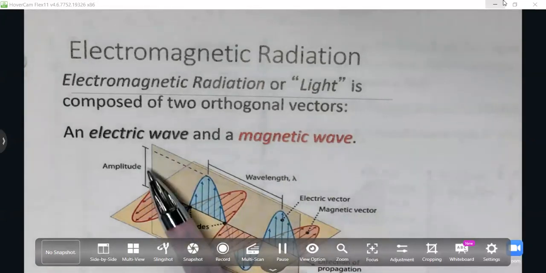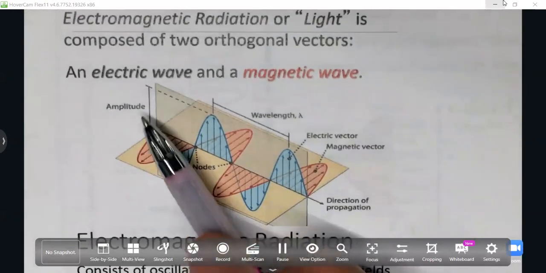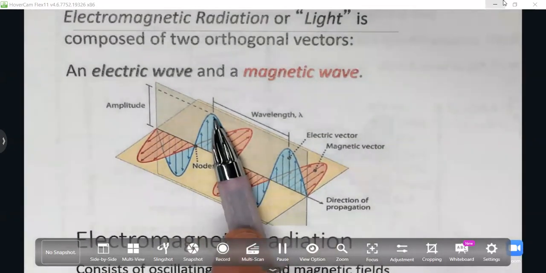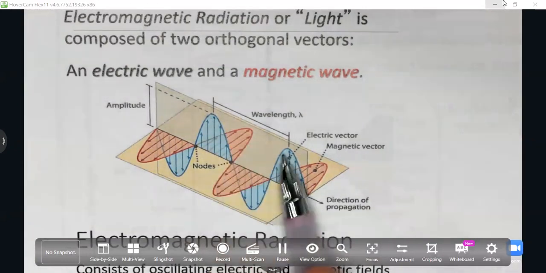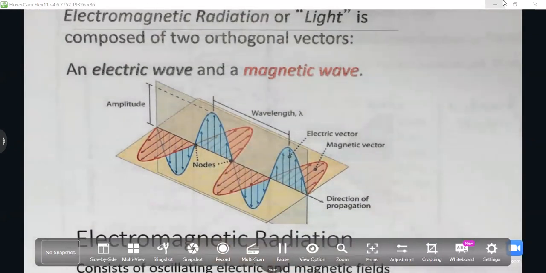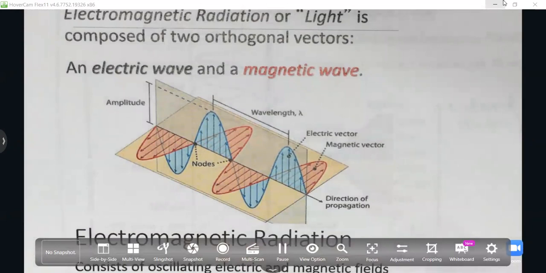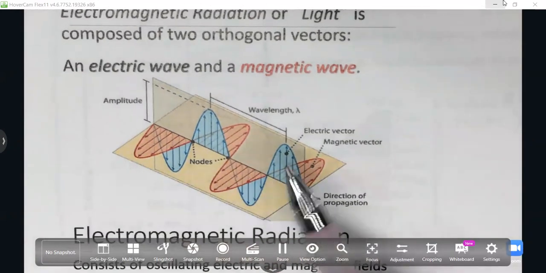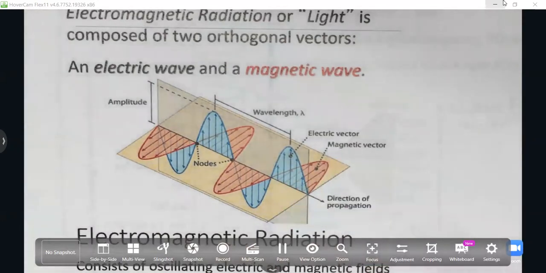Here is the amplitude that I've talked about, right? It's the height of the wave. Then we've got wavelength from crest to crest, and we have frequency there. You see this in two different planes. They call it a magnetic vector and an electric vector.